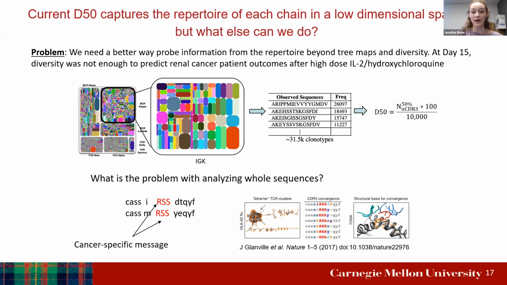So what this means is that there's the potential that we can detect groups of CDR3s that could be immunogenic, that could have information about our patient response to IL-2 treatment. And that really allows us to narrow down our feature space.